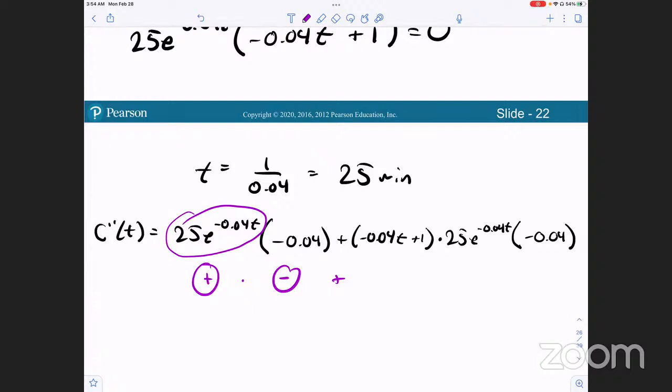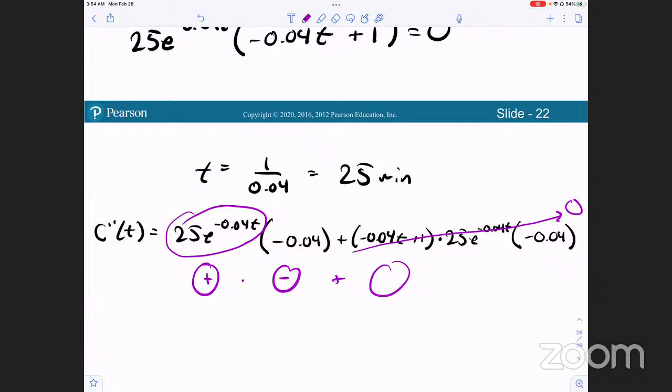So it looks like all of the right-hand side gets knocked out and collapses to 0. What remains is a negative 1 times a positive, so that's negative.